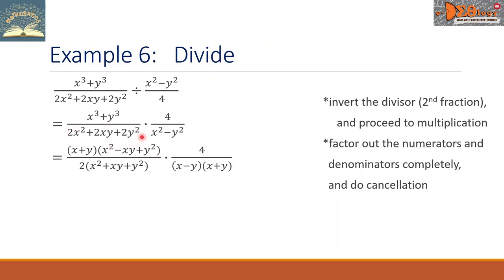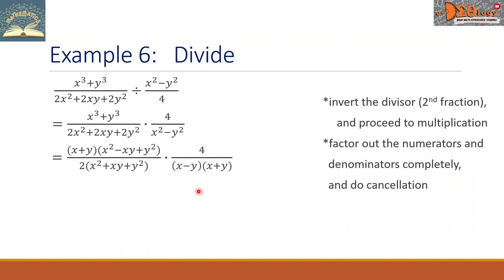In the denominator, we can factor out the common value, which is 2. So 2 comes out times the quantity x squared plus xy plus y squared, times we copy the constant 4 all over the factors of x squared minus y squared. And factors are x minus y times x plus y.